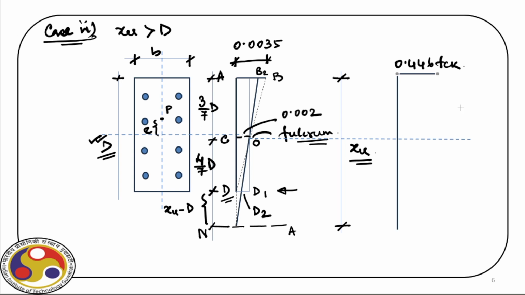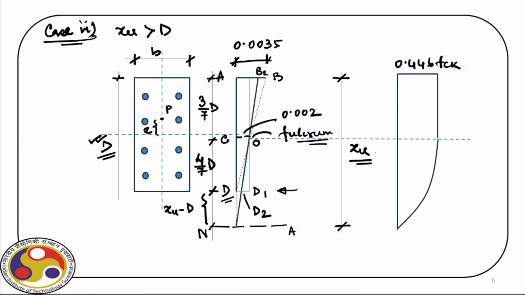Now it will be constant up to that point where the strain is 0.002, and beyond this we'll have a parabolic profile. So that is the profile, right?